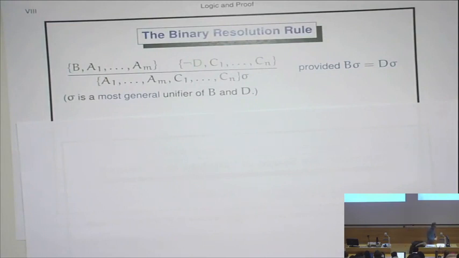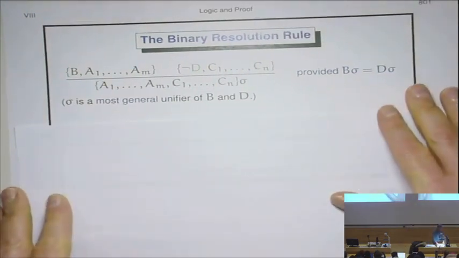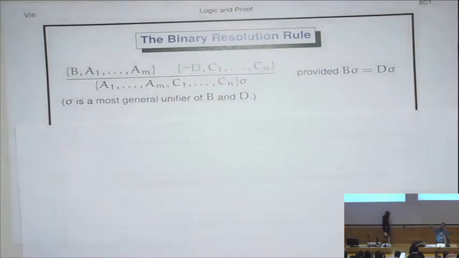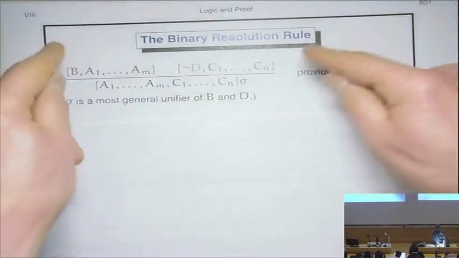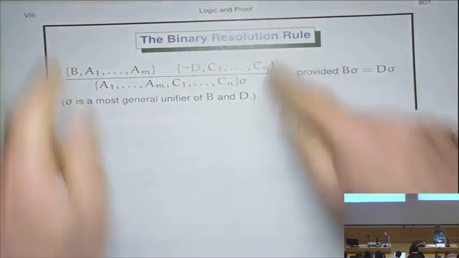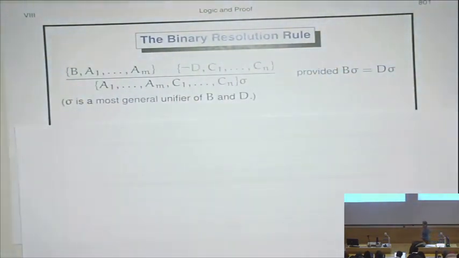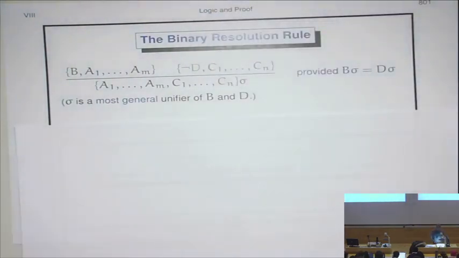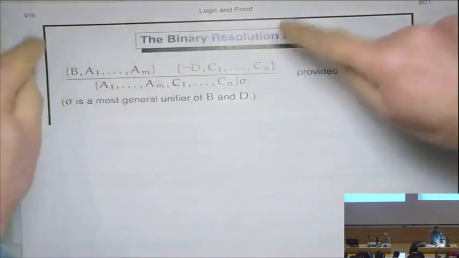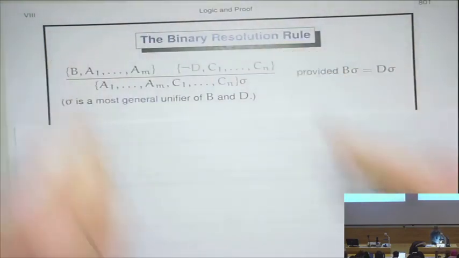I think they called it hyper-resolution, where you were basically doing a string of these binary steps. Binary, I merely mean it's taking two operands. So there was a craze at one point for doing not just two, but n operands and cascading them down. No one does that anymore, so the word binary here is obsolete. So we're always here interested in just the two premises.